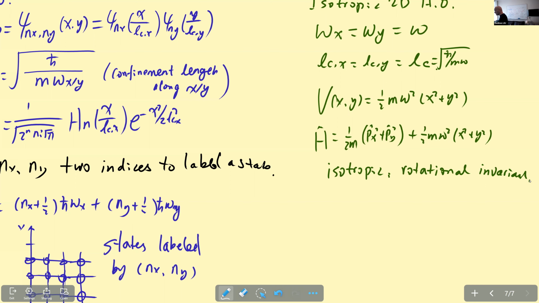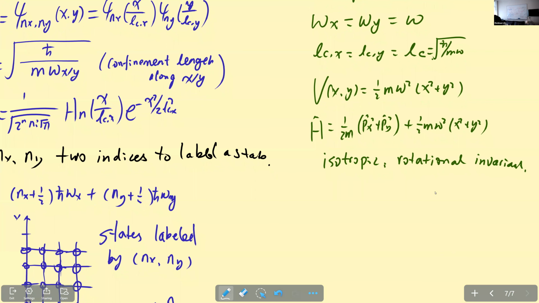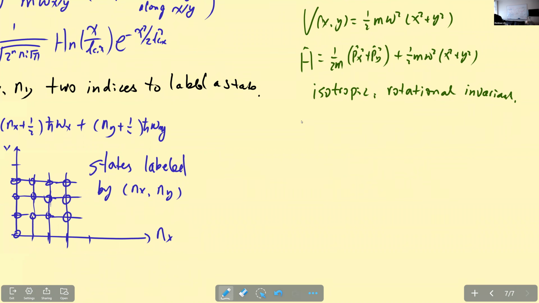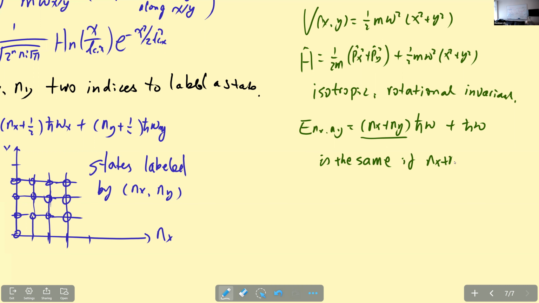Okay. So in this case, we actually have E_{n_x n_y} written as (n_x plus n_y) h bar omega plus h bar omega, right? So now you can see that the energy is the same if n_x plus n_y is the same.